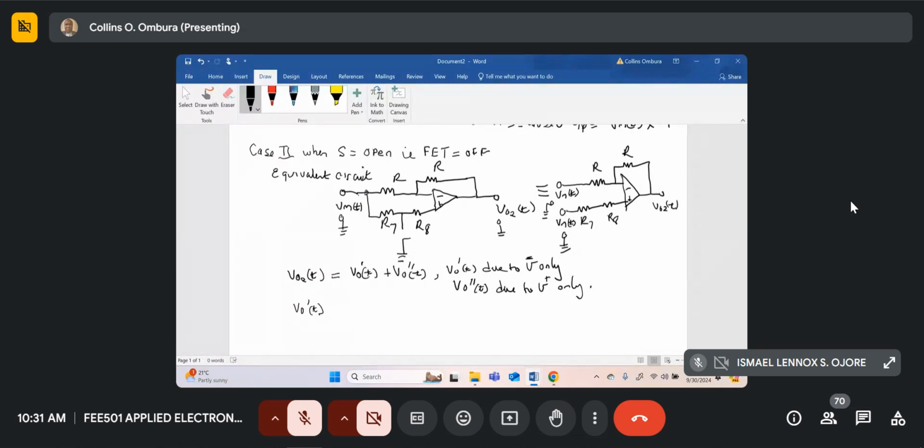So for this, we ground the other input. So the equivalent circuit will be Vm of t as your input, going to R, going to the feedback resistance, and R7, R8 are grounded.